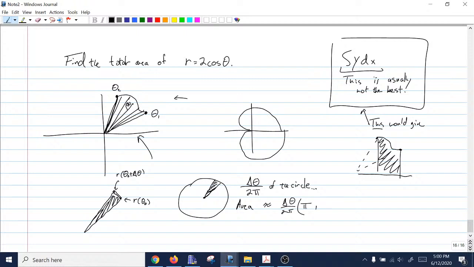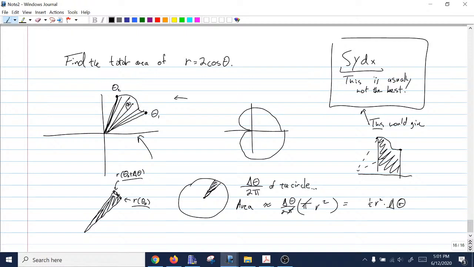The area of the whole circle would be pi r squared. Which r value should I use? Should I use the first r value or the second r value or one of the r values in between? That's the type of choice that you make when you're doing a Riemann sum, about should I use a left-hand Riemann sum or a right-hand Riemann sum. And the thing you learn when you're doing integrals is they will all converge to the integral. Maybe one is more accurate, but your choice of r value doesn't matter here. This turns into 1/2 r squared times delta theta.